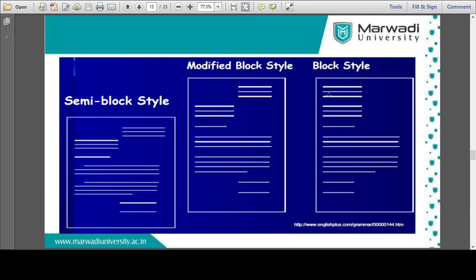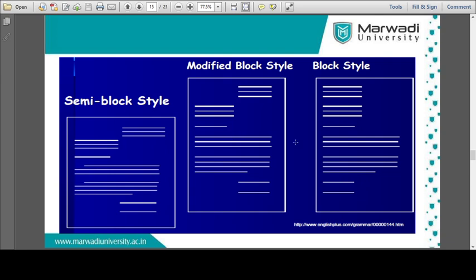So it is up to the person. The layout depends on the message you want to convey, and it shows the overall effectiveness of the letter.